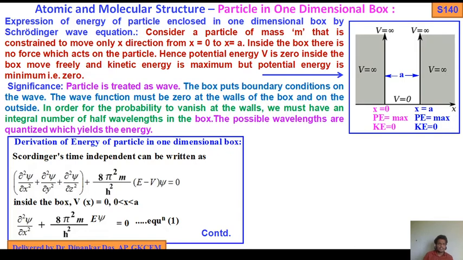In order for the probability to vanish at the walls, we must have an integral number of half wavelengths in the box.